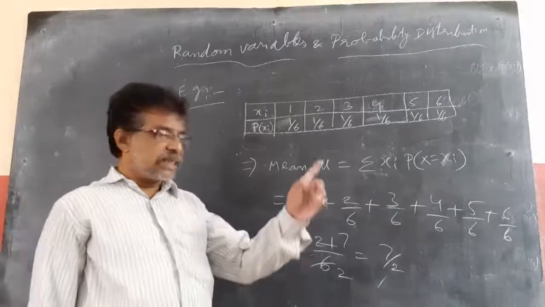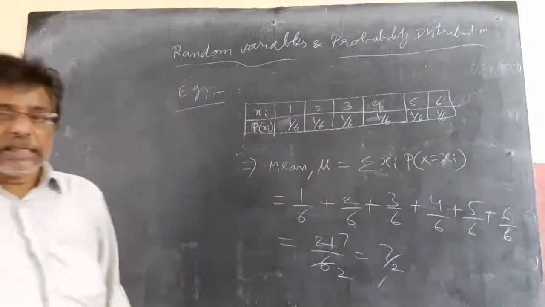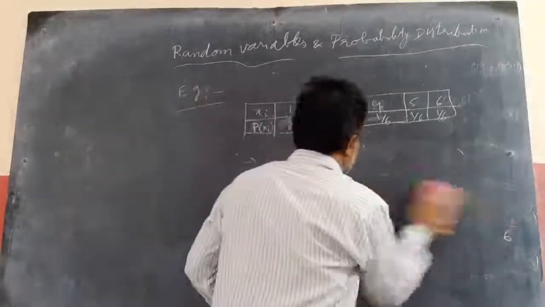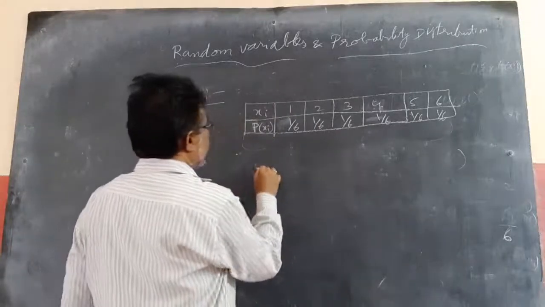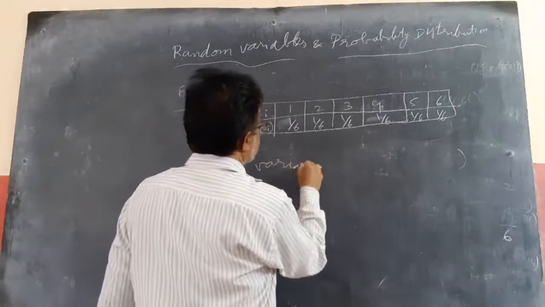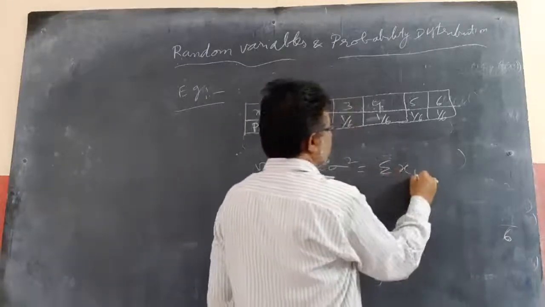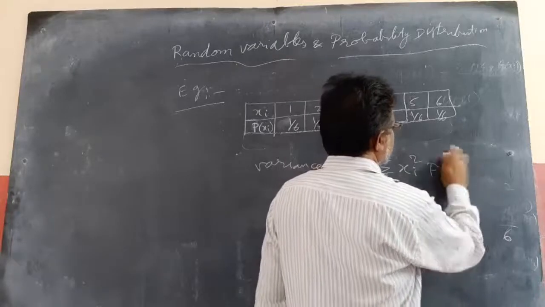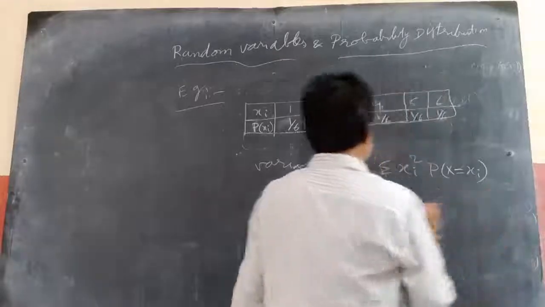Next it is also asking for variance. How to find the variance? Just now we discussed the variance formula. Variance rho square equal to sigma xi square into P of xi minus mu square.